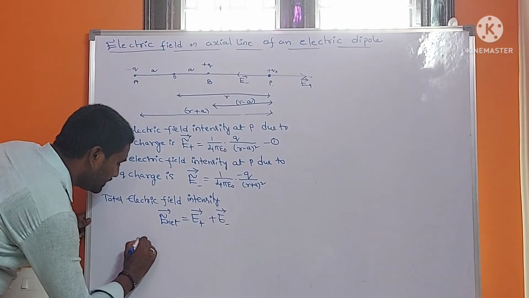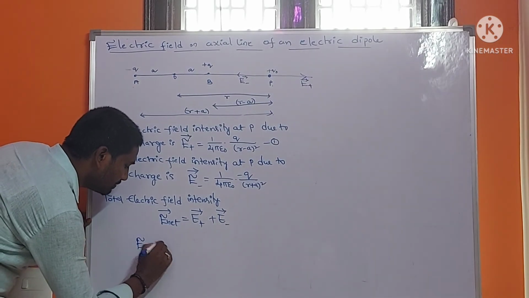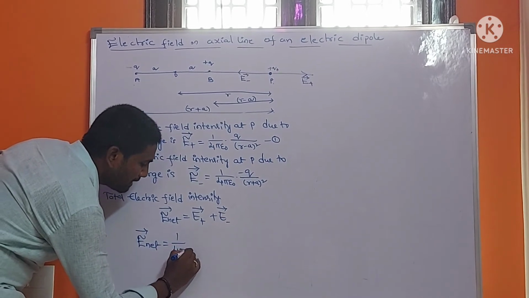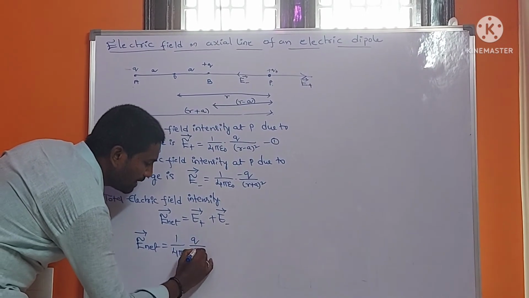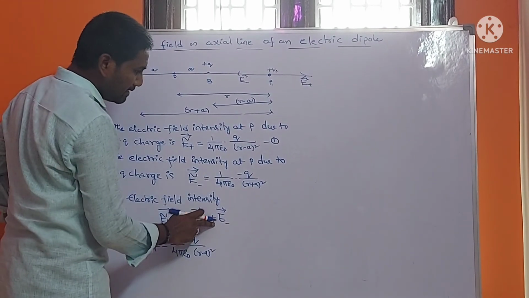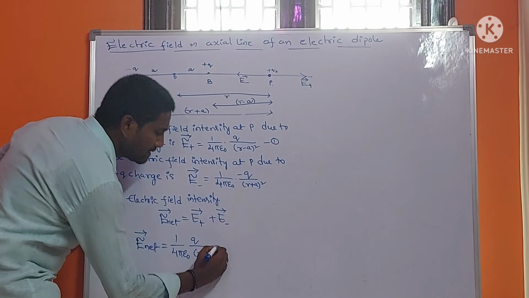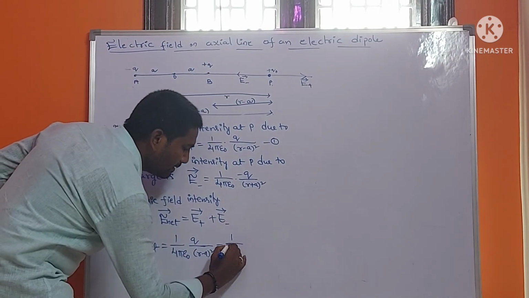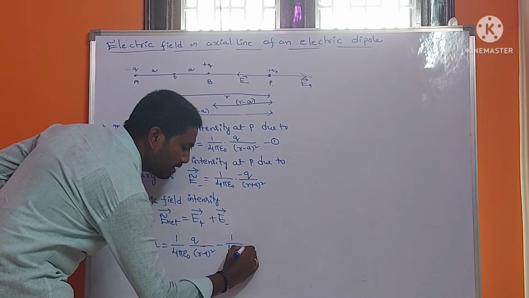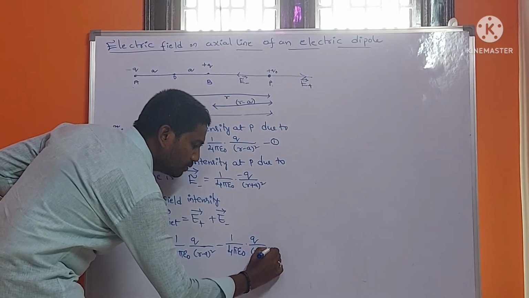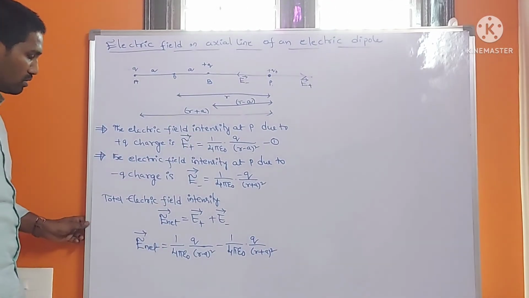So E net is equal to 1 by 4 pi epsilon naught Q by R minus A whole square. Here is the plus, here is the minus. Plus into minus 1 by 4 pi epsilon naught Q by R plus A whole square.